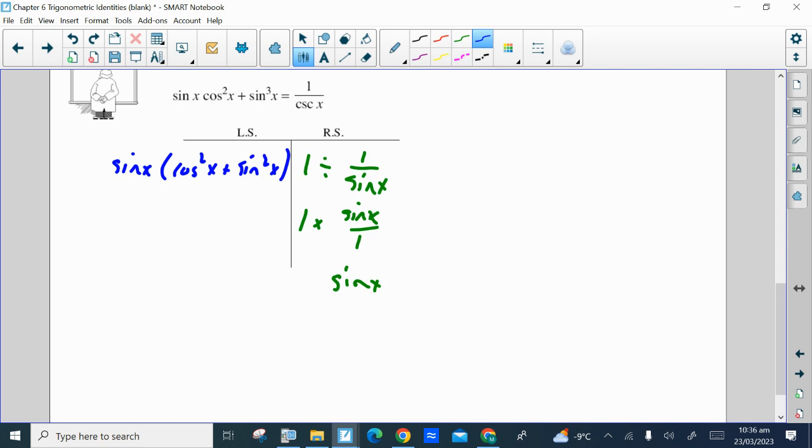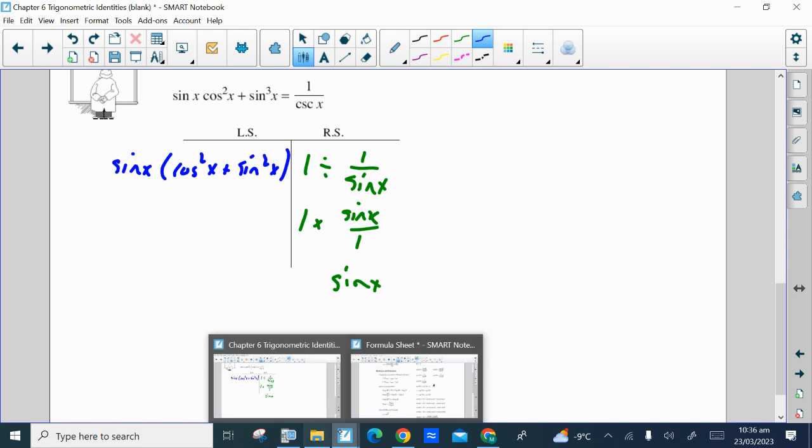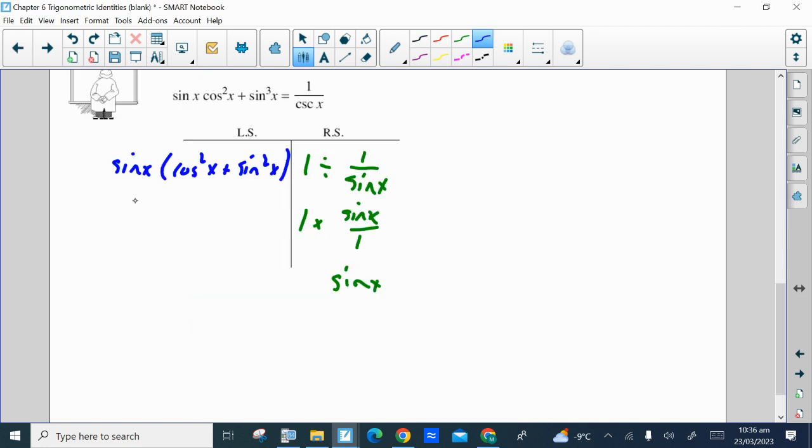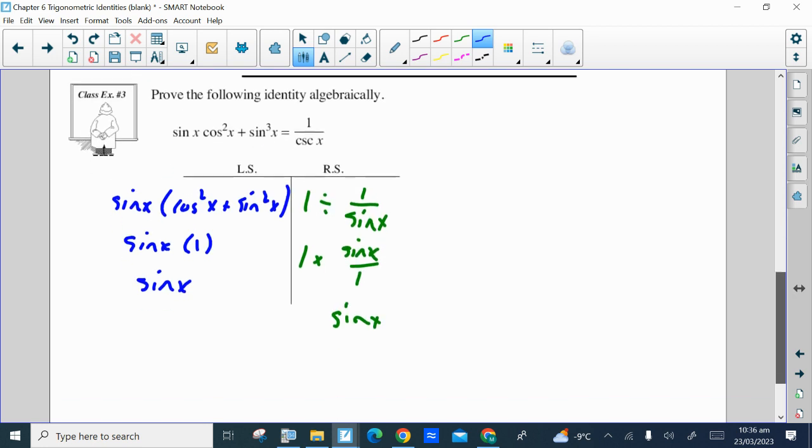And what does cos squared x plus sine squared x equal? It equals 1 from the Pythagorean identity. Sine squared theta plus cos squared theta equals 1. So this will be sine x times 1, which is sine x. And we're done. We've shown that the two sides are equal. We've shown that this statement is an identity.